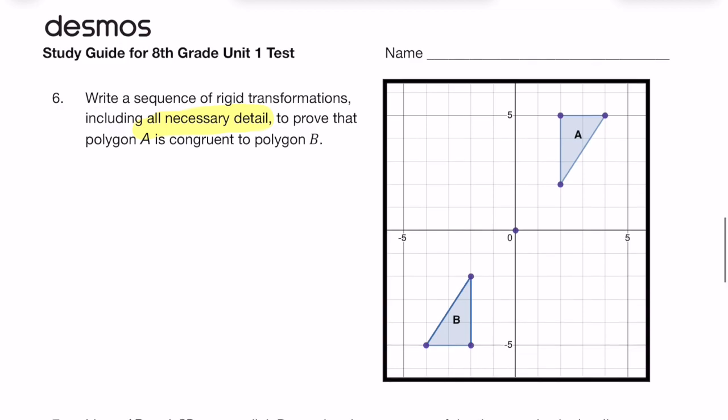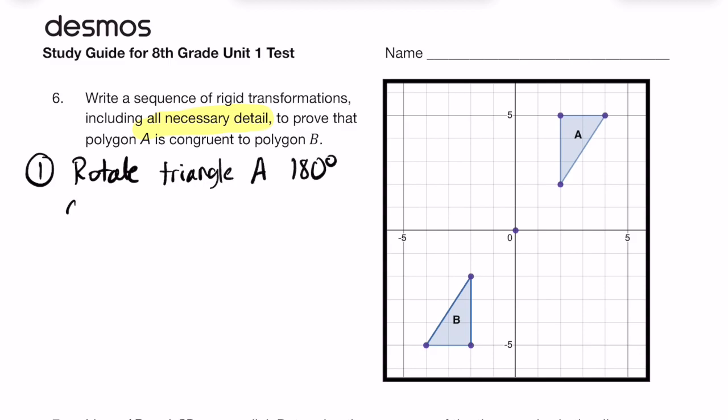Okay, so one possible sequence is you can rotate triangle A 180 degrees, clockwise or counterclockwise, it won't actually matter, around the origin.